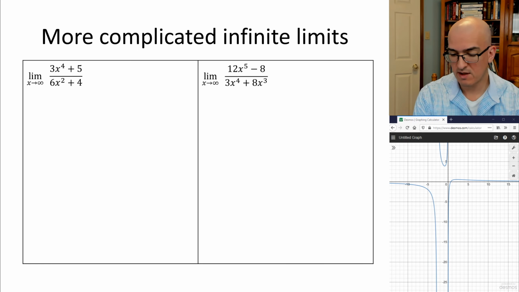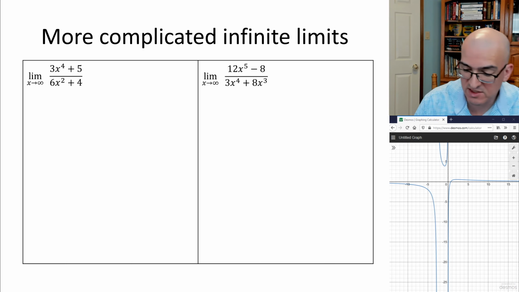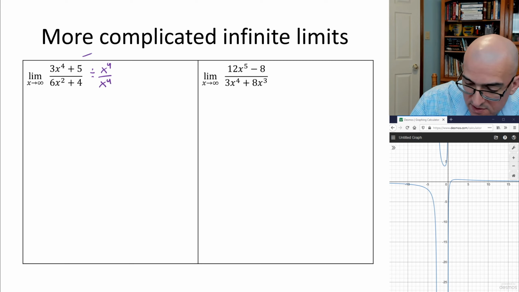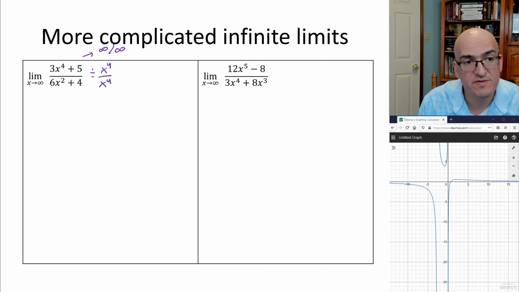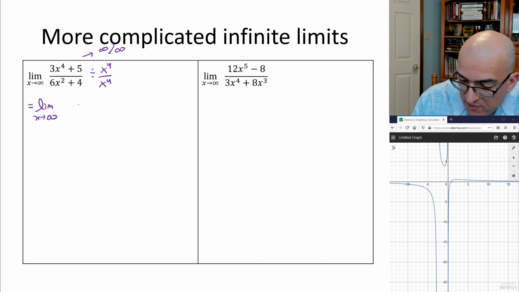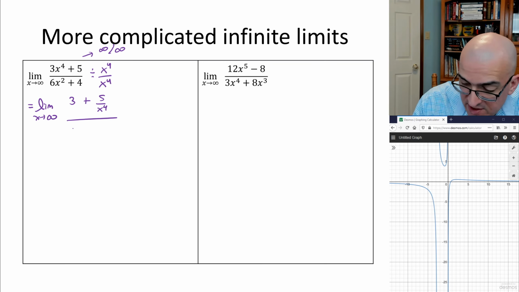Let's do the same thing. I'm going to divide everything top and bottom by x to the power 4, since we have an infinity over infinity type of situation. So that's going to be limit as x approaches infinity. 3x to the 4 over x to the 4 is 3, plus 5 over x to the 4, divided by 6x squared over x to the 4, which is 6 divided by x squared, plus 4 divided by x to the 4.